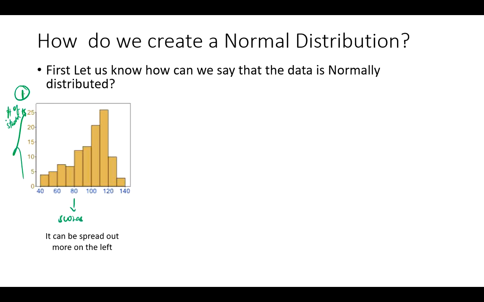Based on this histogram, sabi dyan, on the interpretation part, it can be spread out more on the left. Yes, it is correct. Look at the left part of the histogram. Kung nakikita nyo dyan, there are 5 students, maybe 5 to 8 students who got 40, 60, and 80, and some of them got 90.